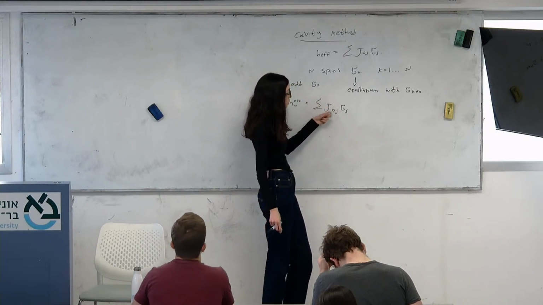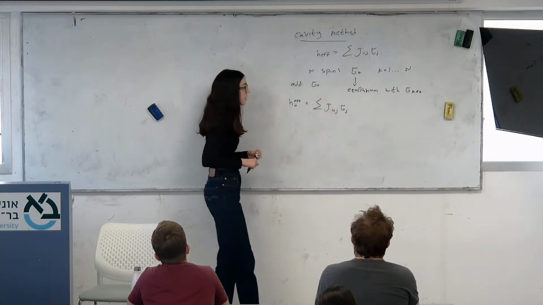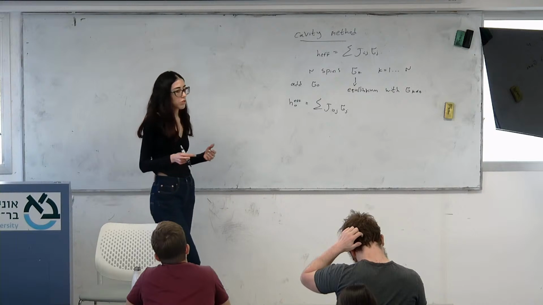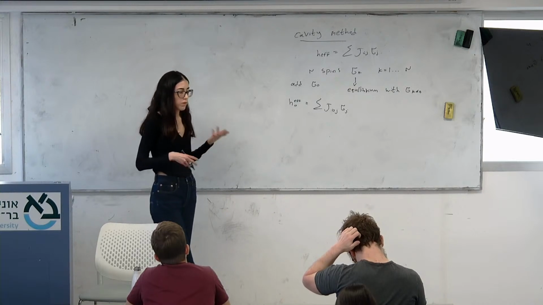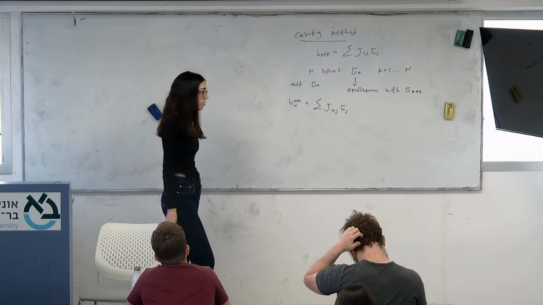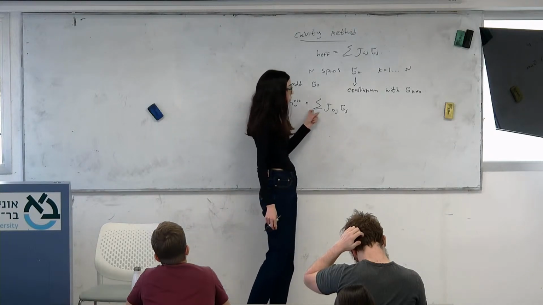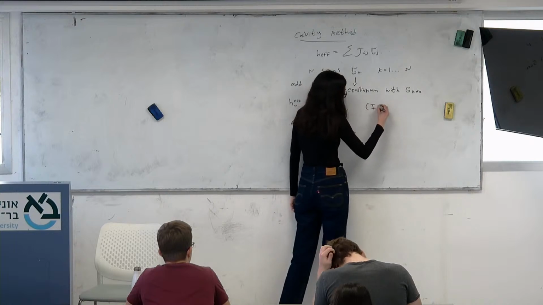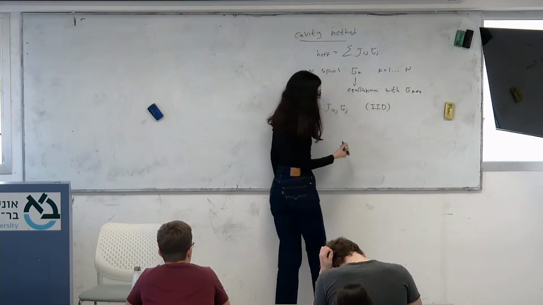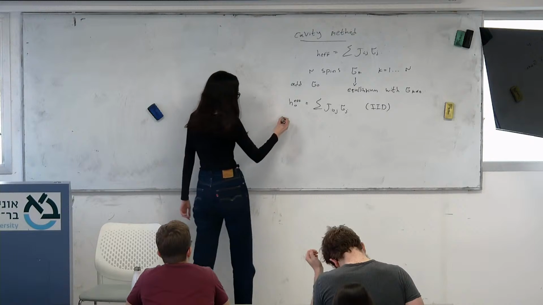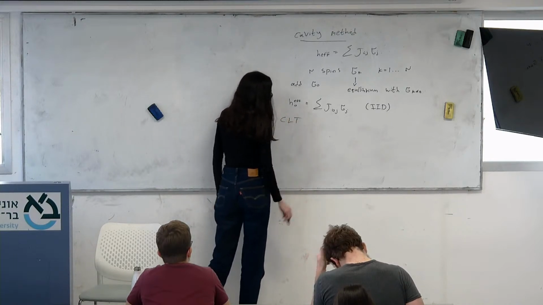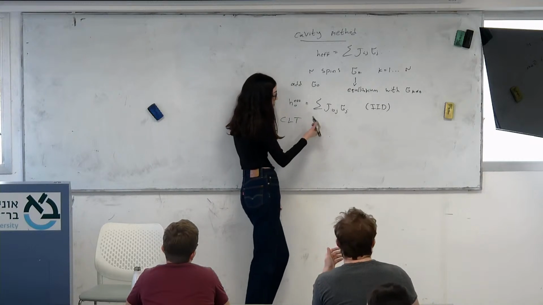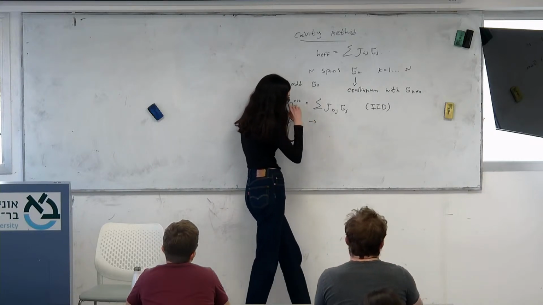So why is that good? Because now we can say that the different J's are taken from a Gaussian distribution, which actually works even if they're taken from another distribution, but it's simpler. So we have a sum of IID variables, which means we can use the central limit theorem. The summation of all of those random variables is going to give us a Gaussian.